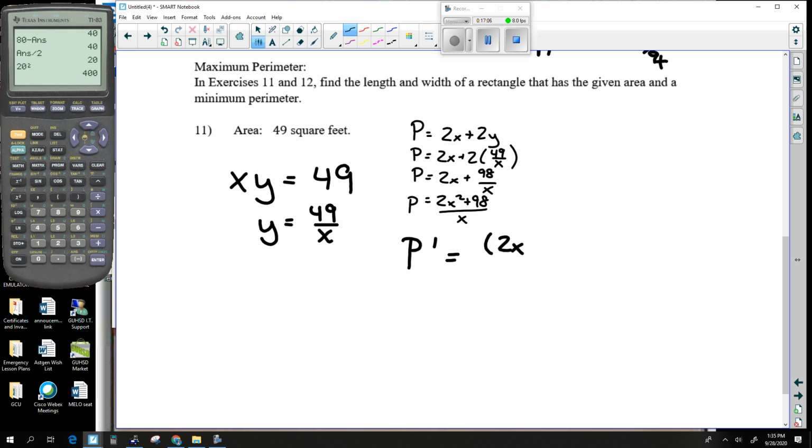Sorry, bottoms up. Just breaking my own rule. Bottoms up. Derivative of the top. Come on. Falling apart here. Derivative of the bottom is 1.